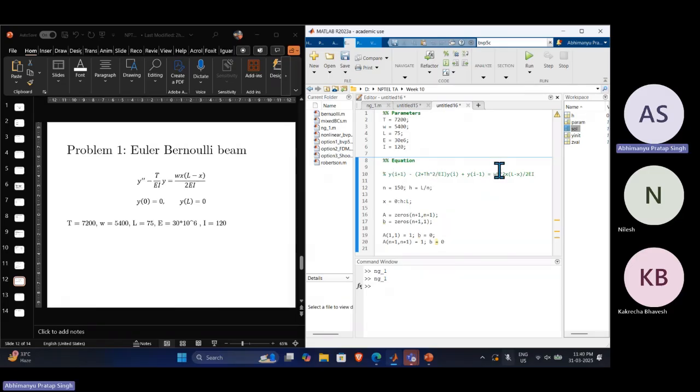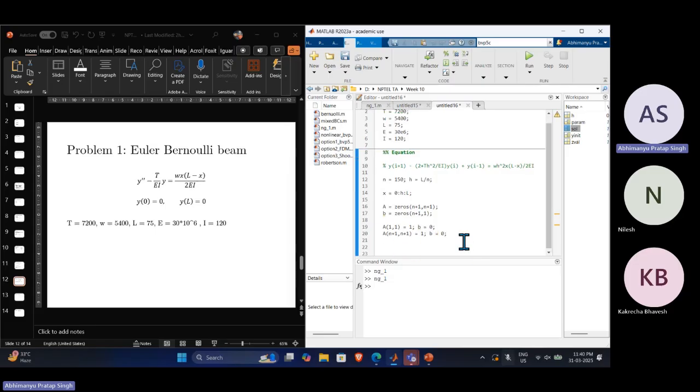This term would become 0, and the last term would also be 0 only, because both are Dirichlet boundary conditions.